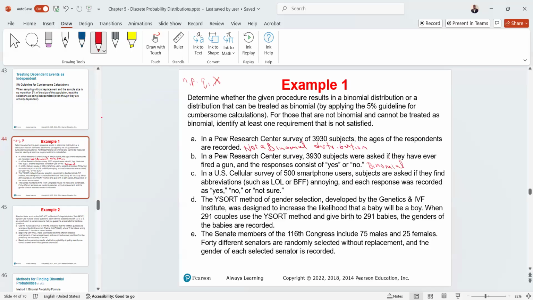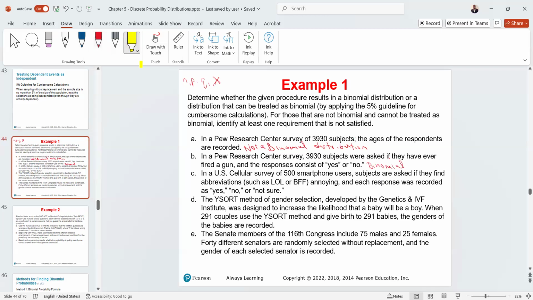But the first one, remember, the reason why it's not a binomial distribution is that each of the ages has more than two possible outcomes. Now, let's see for C. In a US cellular survey of 500 smartphone users, subjects are asked if they find abbreviations such as LOL or BFF annoying, and each response was recorded as yes, no, or not sure.